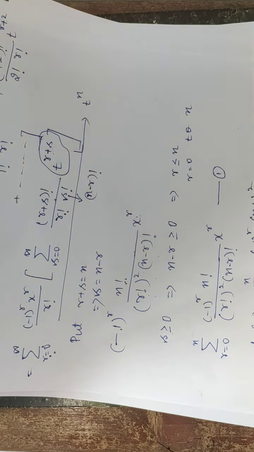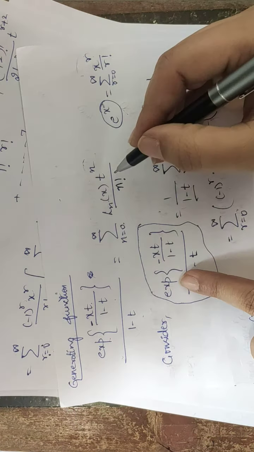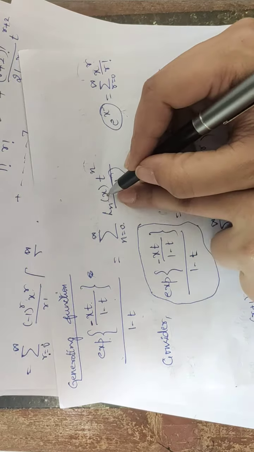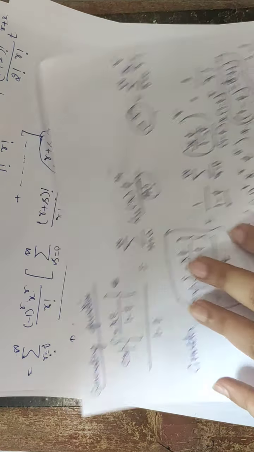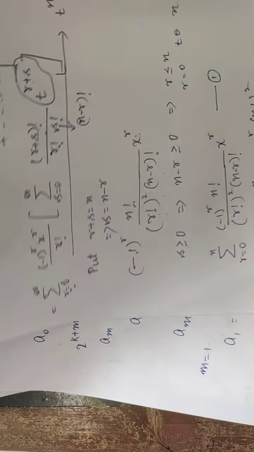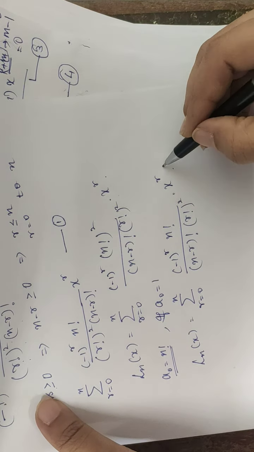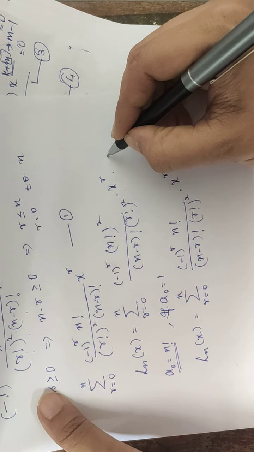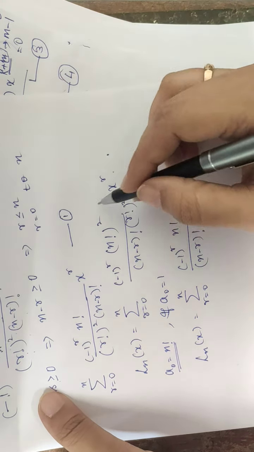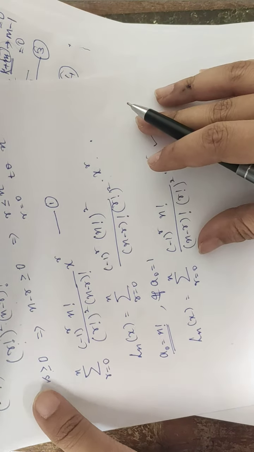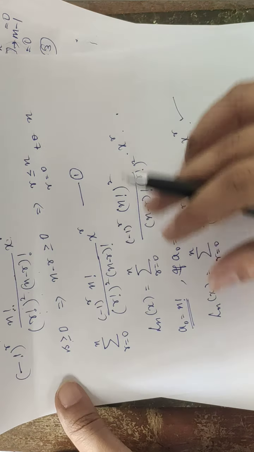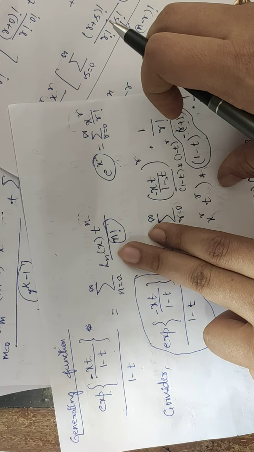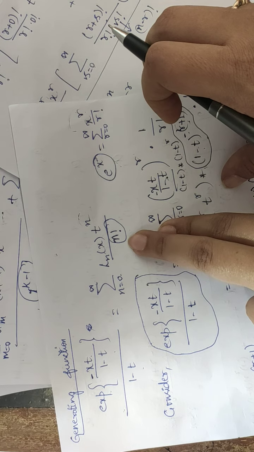Since in the generating function statement they have just given L n of x into t power n, consider only this definition. Don't consider the other definition. In your notes I have written that definition, so make a correction there, or make your generating function statement as L n of x into t power n by n factorial.